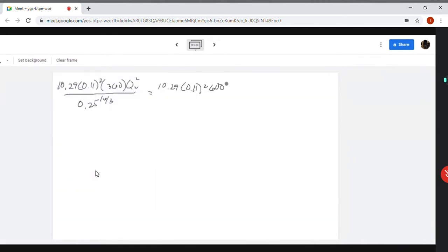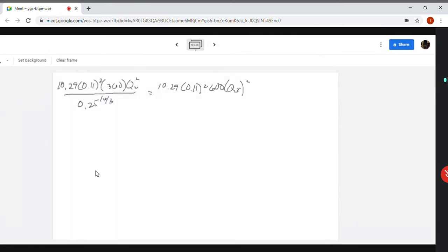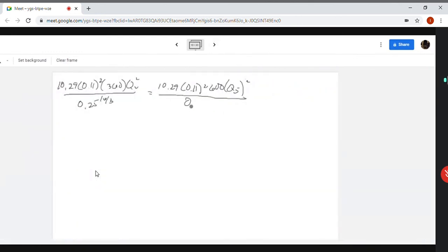So 600 times q sub 5 squared over 200 mm, so 0.2 to the 16 over 3. So Q2 is equated to Q5, the value of Q5.